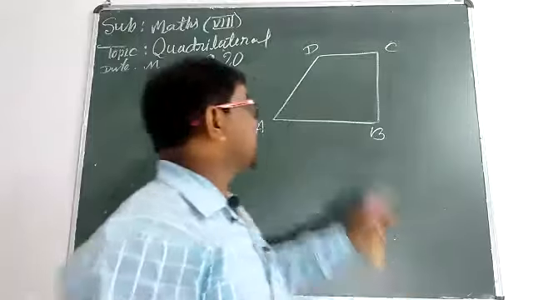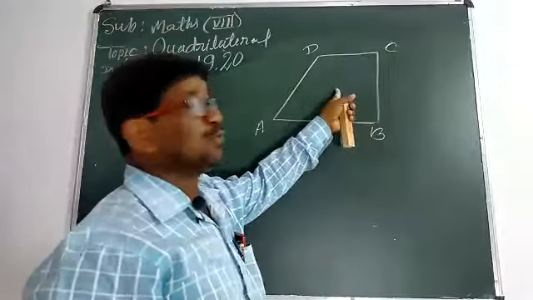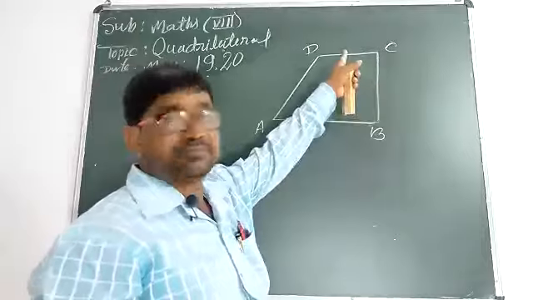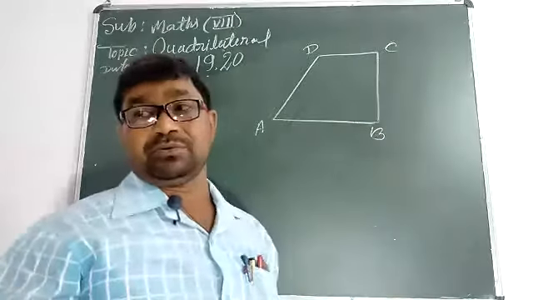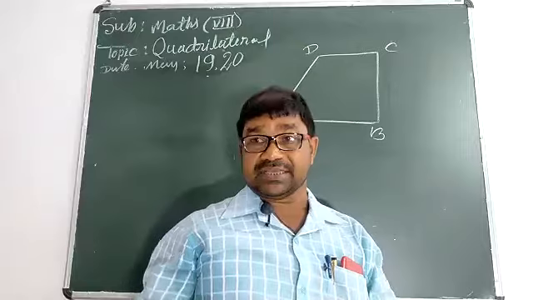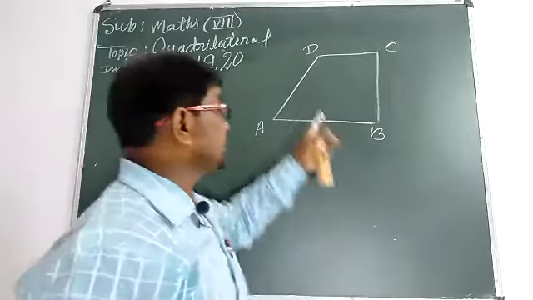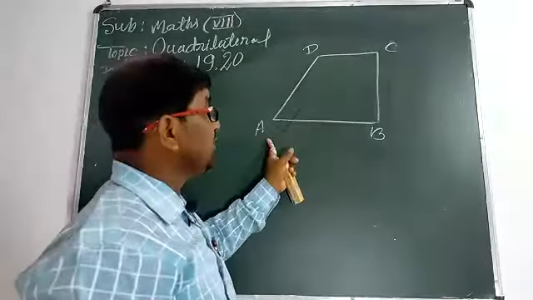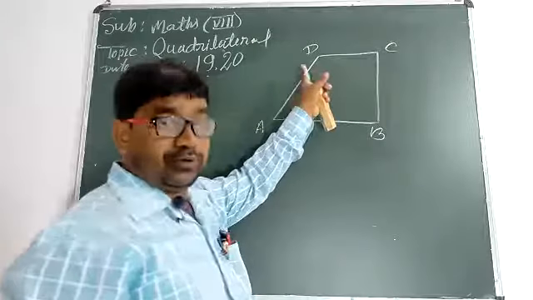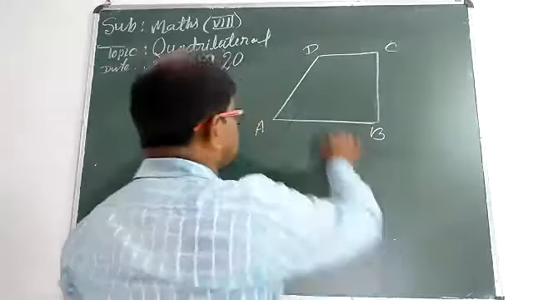This is a polygon because it is made by straight line segments. So this is a polygon having 4 sides. That is a quadrilateral.